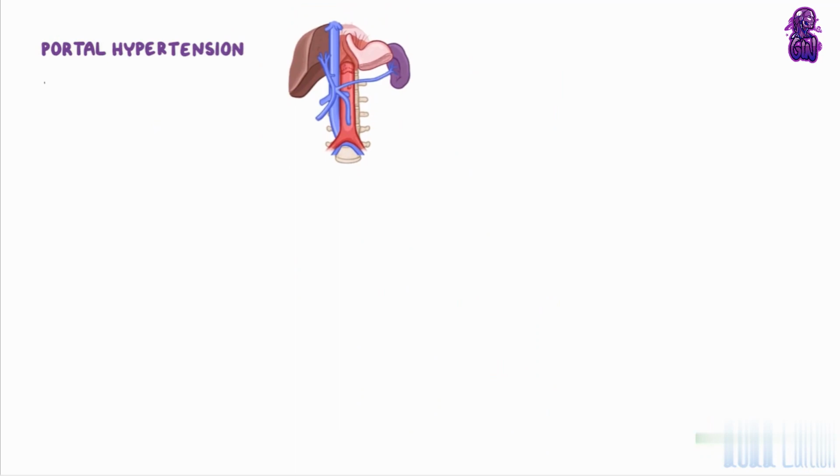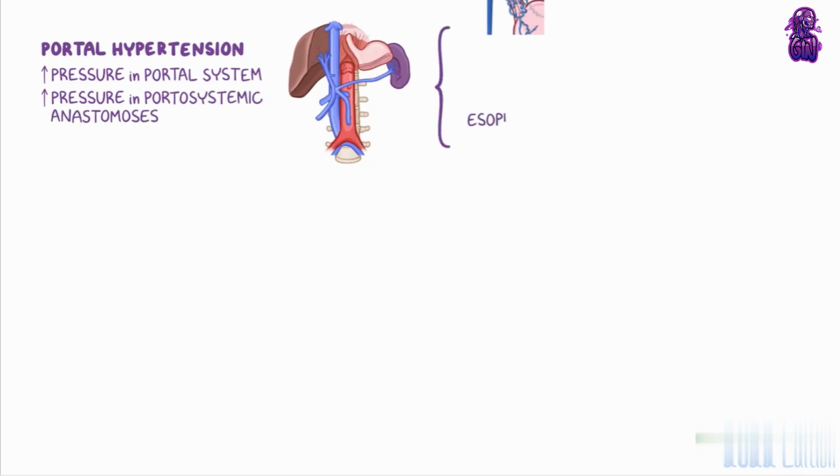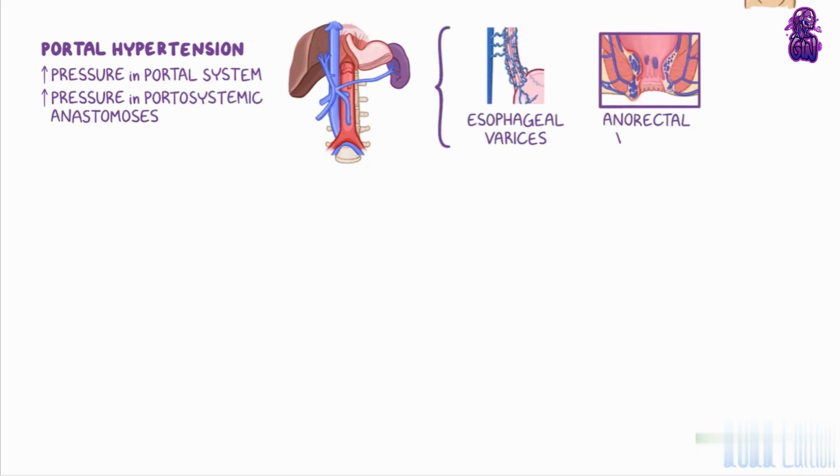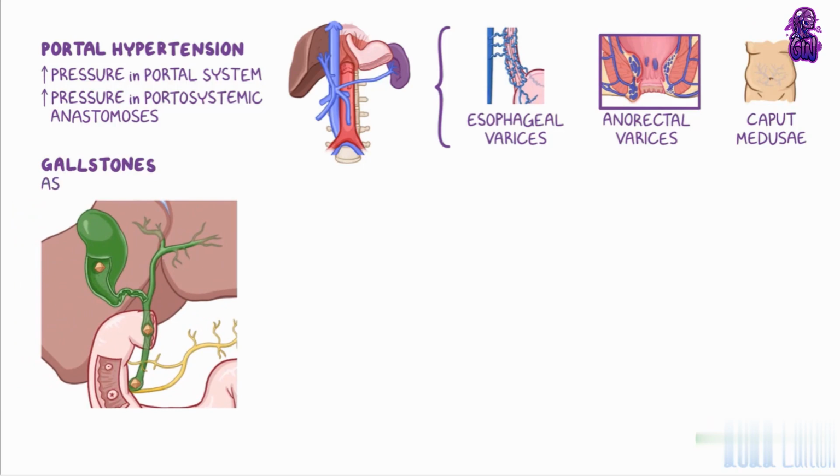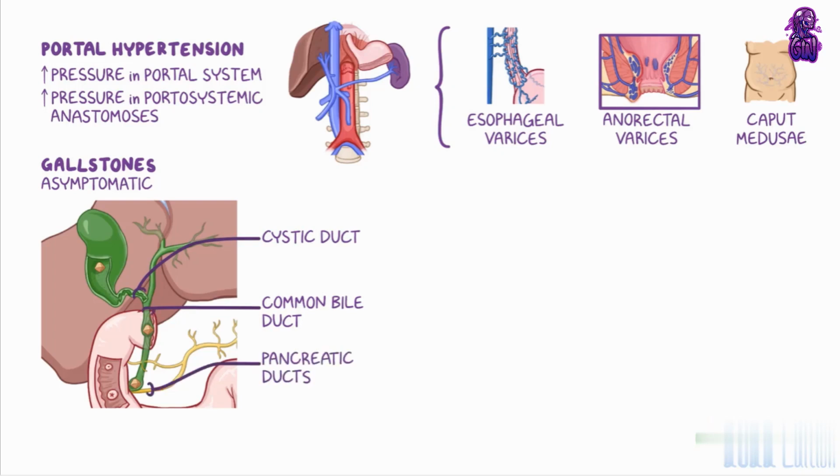Alright, as a quick recap, portal hypertension is increased pressure in the portal venous system, which can cause increased pressure in the portosystemic anastomoses. This can lead to esophageal varices, anorectal varices, and caput medusae. Gallstones are usually located in the gallbladder and are asymptomatic, but they can migrate and obstruct the cystic duct, the common bile duct, and even the pancreatic ducts, with each case causing specific symptoms and clinical outcomes.